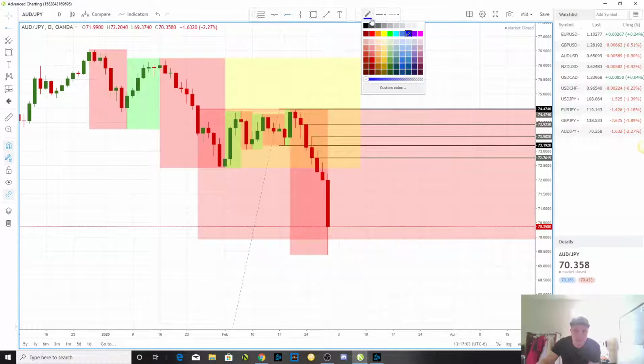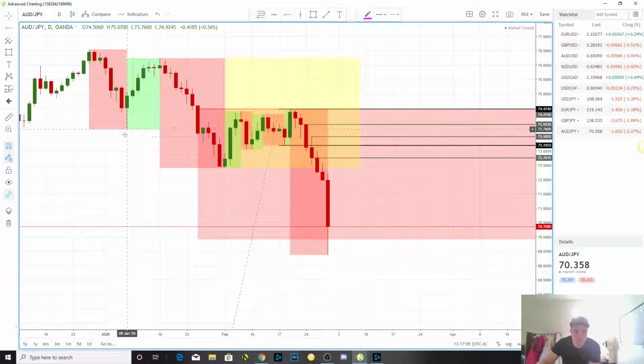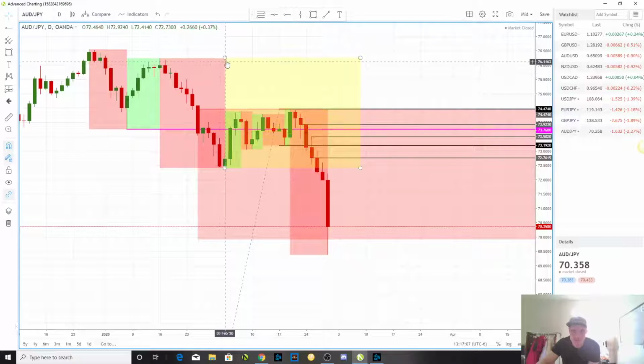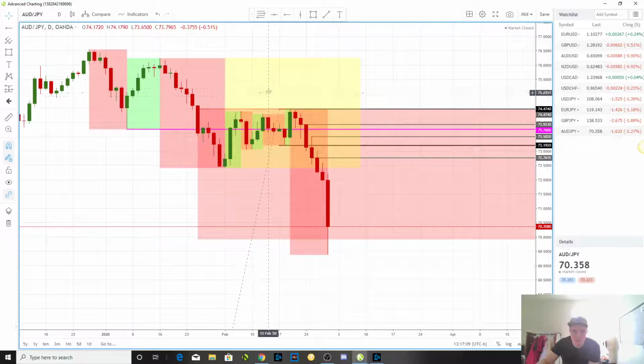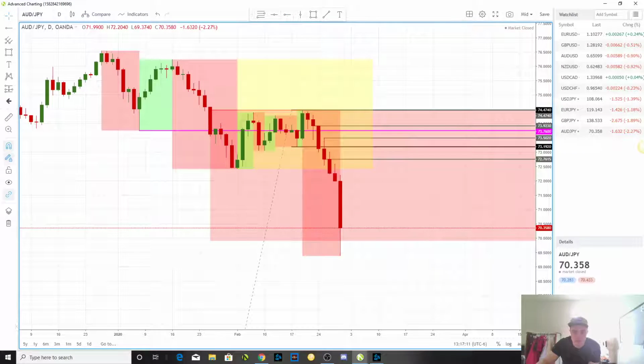So this would still be the short. So even if this was an uptrend inside this box right here, that move down, that's all a range setup.